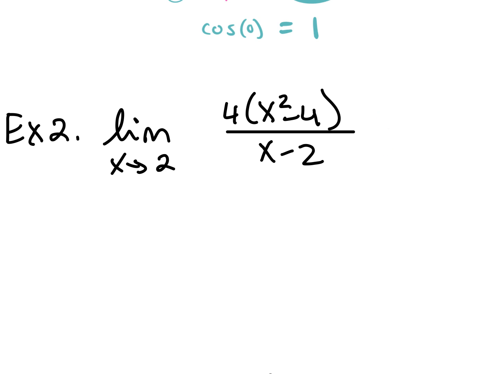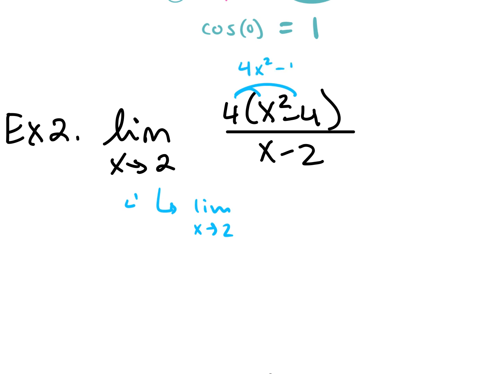So let's take the derivative of the numerator and the denominator. I'm going to rewrite it down here. We've got the limit as x approaches 2. Before I take the derivative, I want to rewrite this. I'm going to distribute the 4 just to make it easier. That way we don't have to worry about whether we're doing the product rule or quotient rule. I'm just going to distribute, simplify it first.